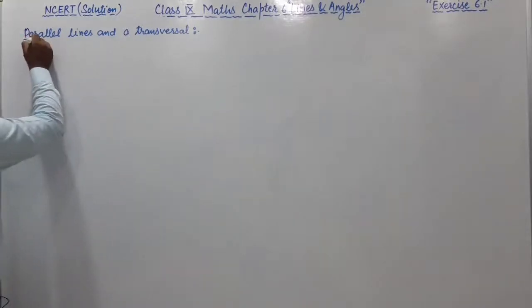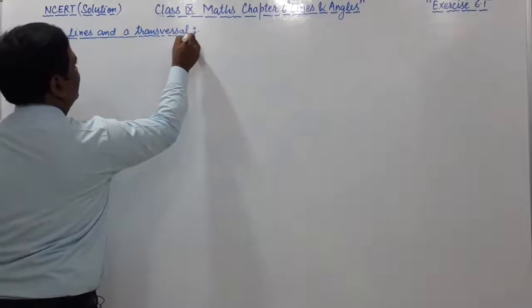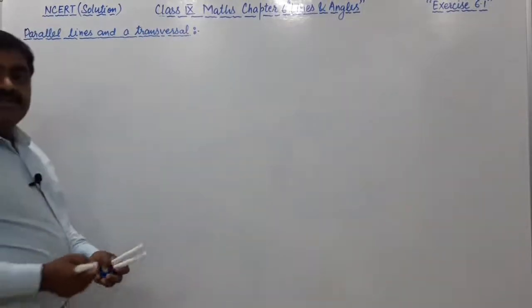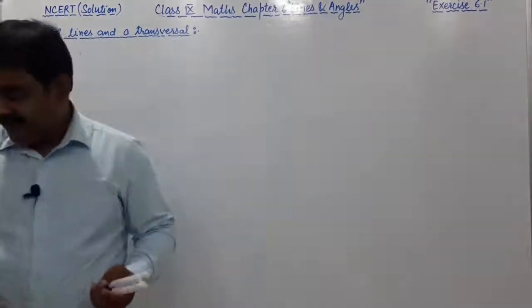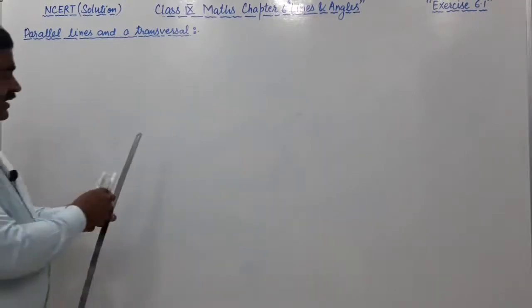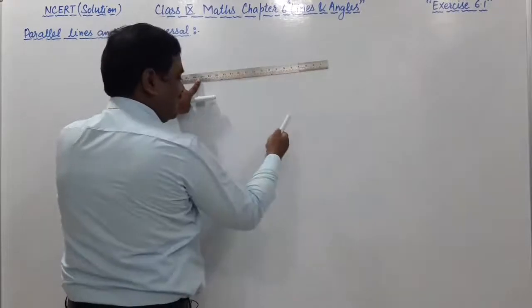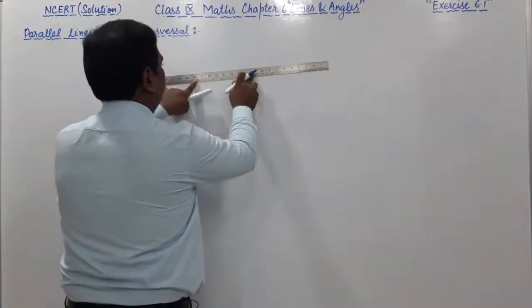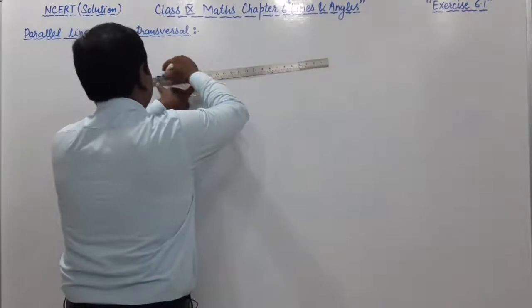Parallel lines and a transversal. Right friends, so in this, first we have to draw the figure and understand what a transversal is. So dear friends, I think you have all read this in chapter 5, Euclid's fifth axiom. Have you read?